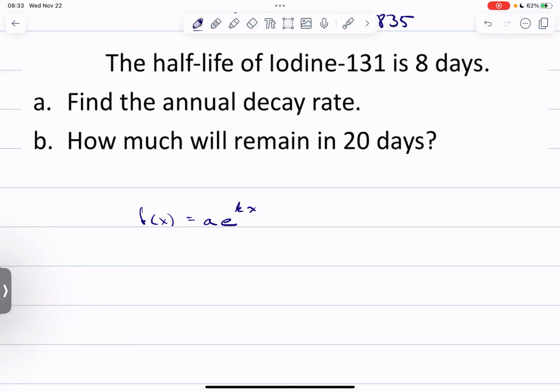Where k is going to be the value that we want to find. And so, right, this is the annual decay rate. Or I'll say k equals, just in case my arrow's bad.